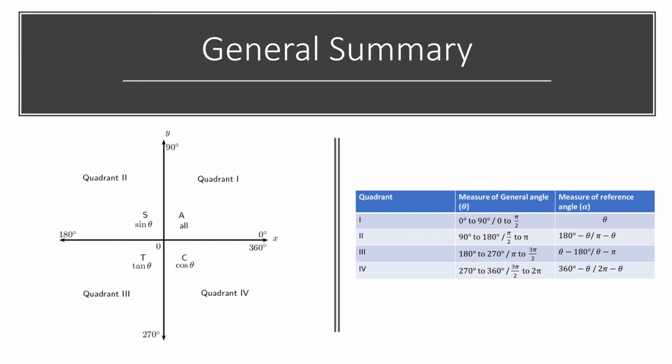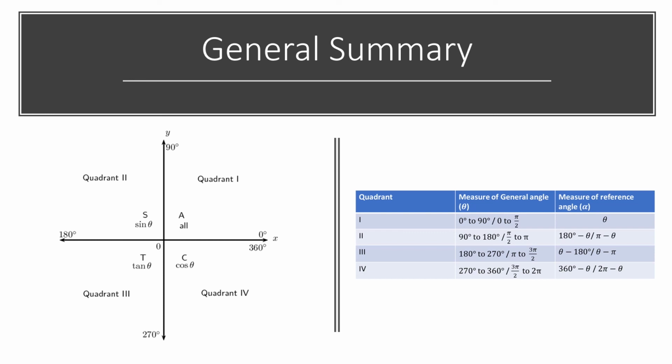And the table on the right tells us how we determine the acute angle that all our angles will be related to. So if an angle falls in quadrant 2, we know how to find the acute angle it is related to. If an angle falls in quadrant 3, we know how to find the acute angle that it is related to, and the same for quadrant 4, using these formulas that we have in the table.